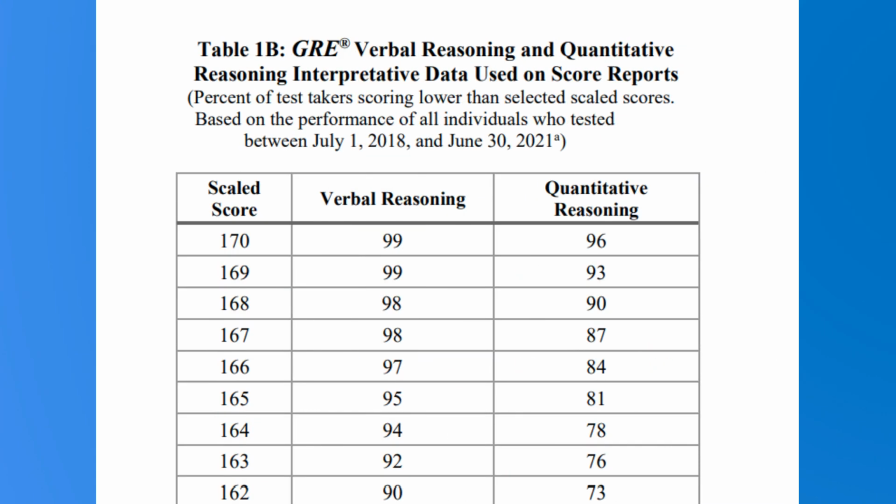For example, in the 3-year period between 2018 to 2021, a GRE verbal reasoning score of 168 fell in the 98th percentile, while the same score of 168 on the quant measure fell into the 90th percentile. Said another way, in this time period, if you wanted to achieve a verbal reasoning score that falls in the 90th percentile, you would need a verbal reasoning score of at least 162, and that same score of 162 on the quant section will place you at the 73rd percentile, which goes to show how difficult it is to achieve a high verbal reasoning section score relative to a high quant section score.